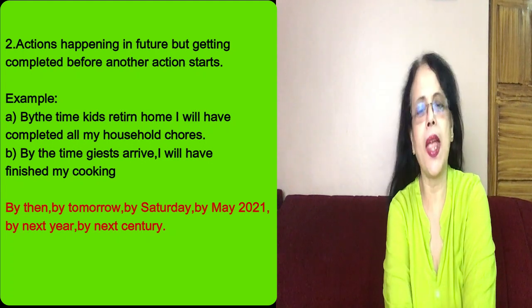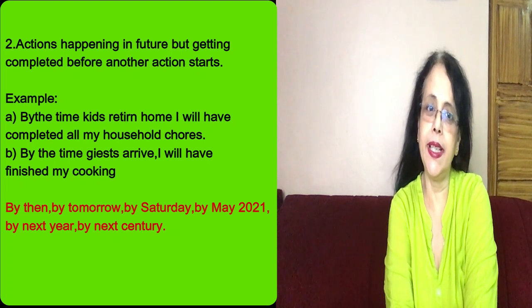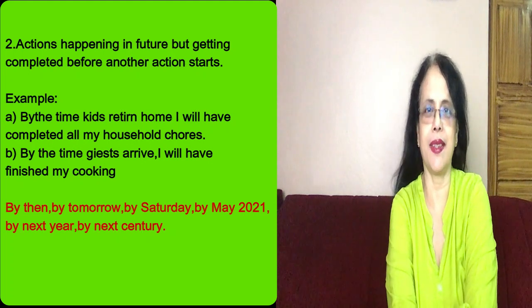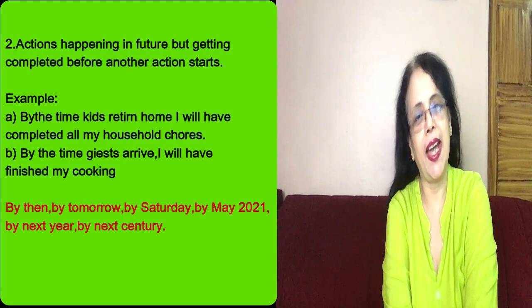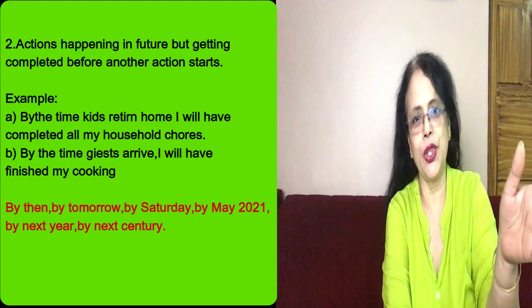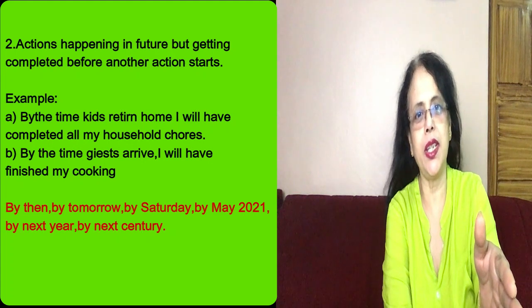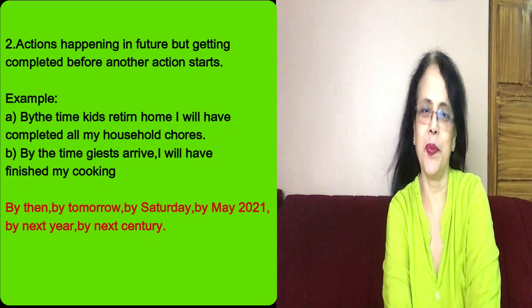Second situation, actions happening in future but getting completed before another action begins. Listen to it carefully. Actions happening in future, happening after now, but getting completed before another action starts.